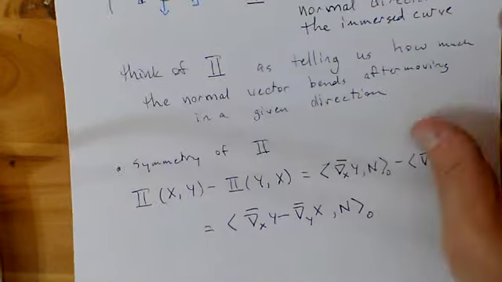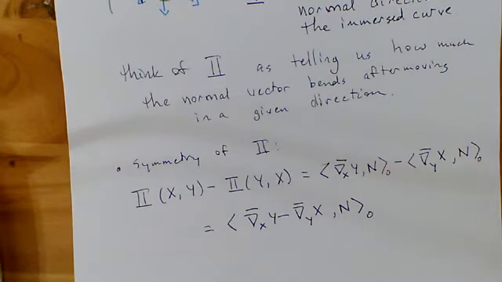So this gadget we've just cooked up to measure how a hypersurface bends in its ambient space is symmetric. So what I want to show is that this difference is actually zero.